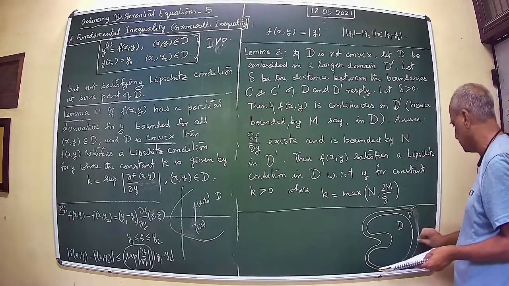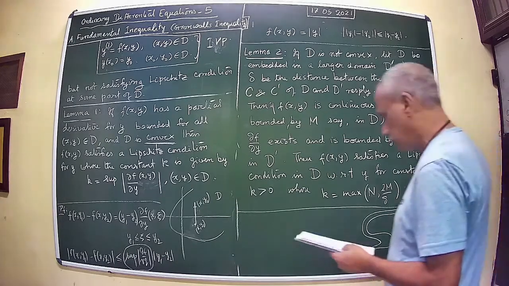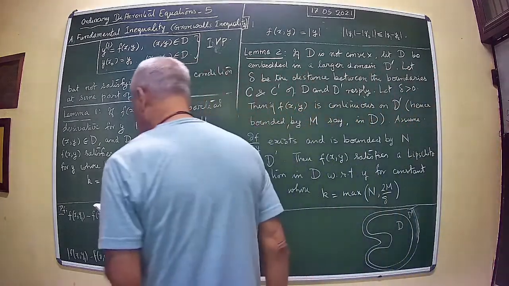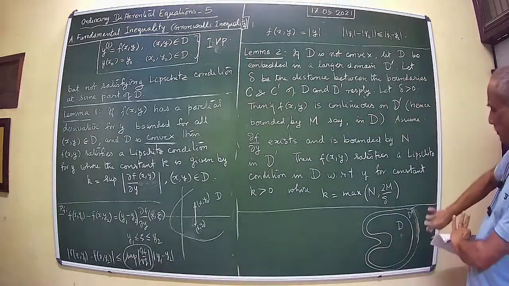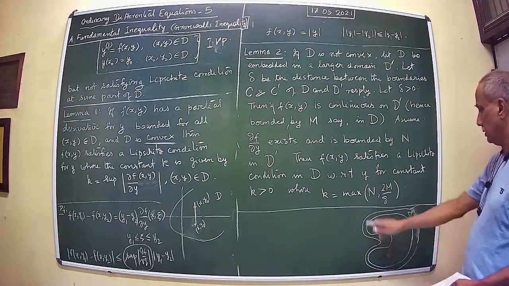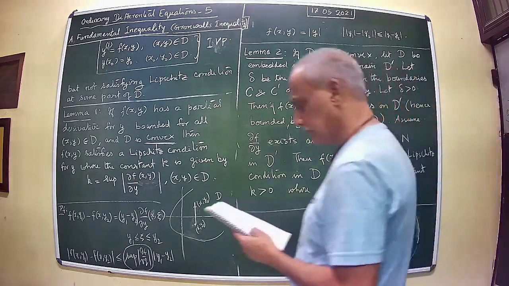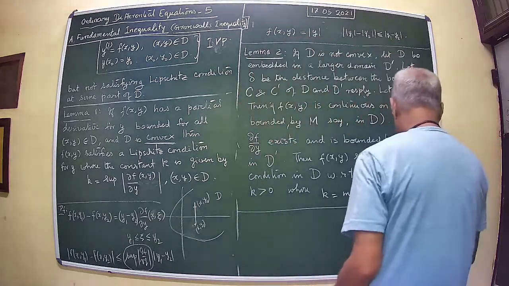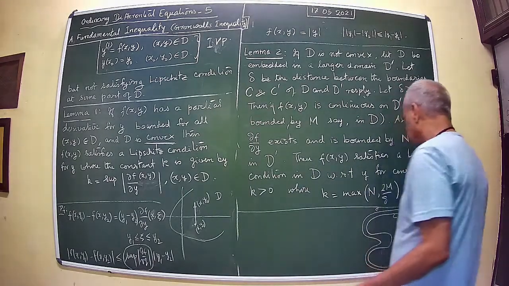So D is not convex, but it is embedded in an open connected domain D prime. Now let C be the boundary of D and C prime be the boundary of D prime.